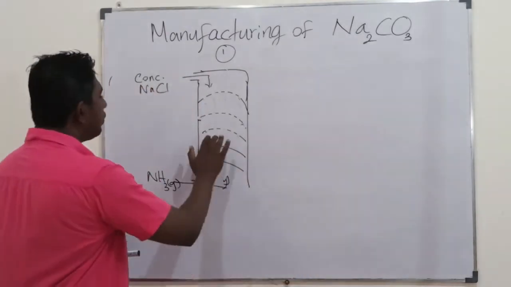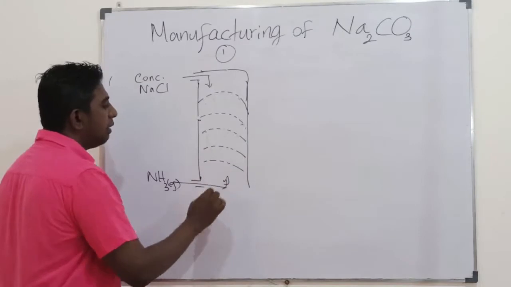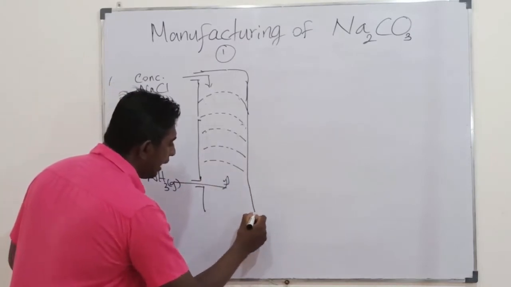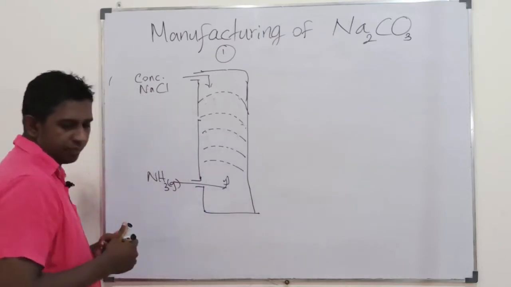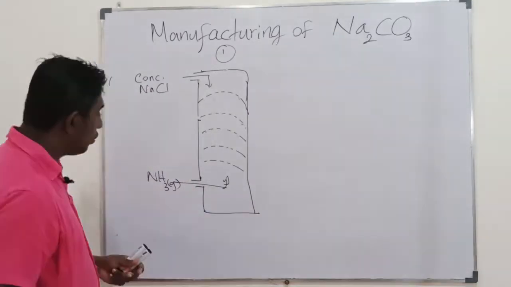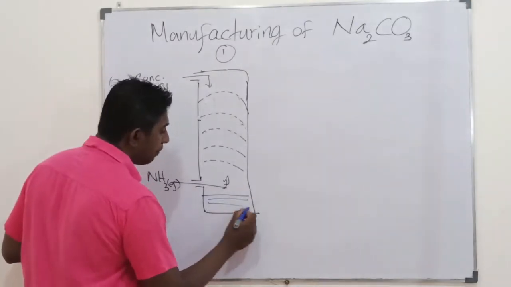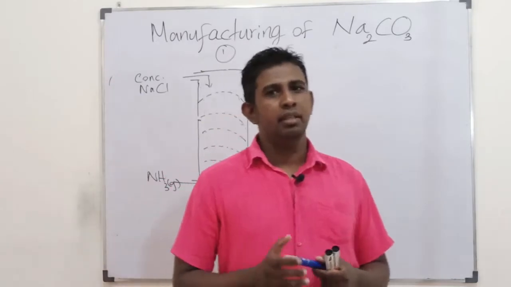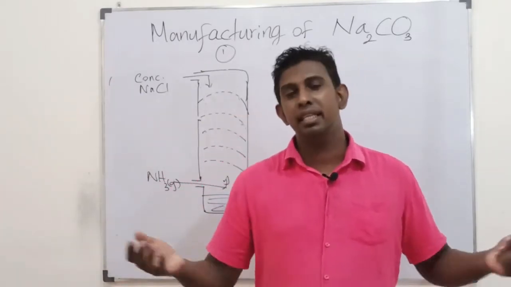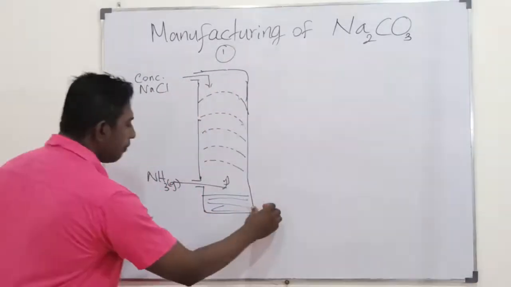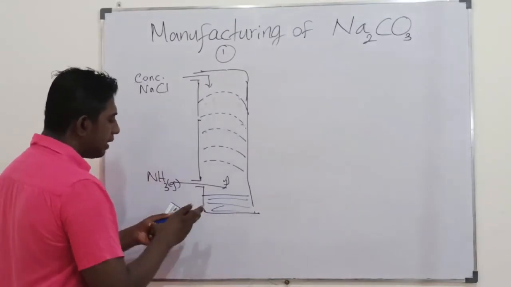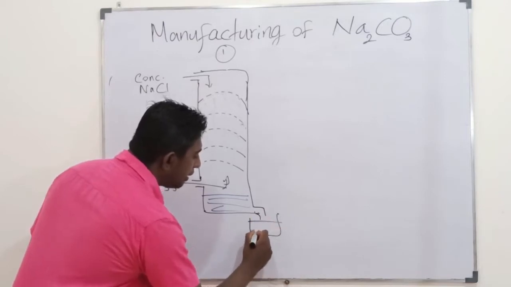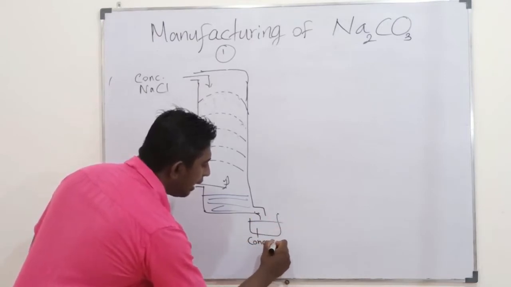Students, we have some perforated clay plates. At the bottom, it collects the final solution. So what does the final solution contain now? It still contains concentrated NaCl. So it was not harmed. This concentrated NaCl is still there. So you could take that solution containing concentrated NaCl.